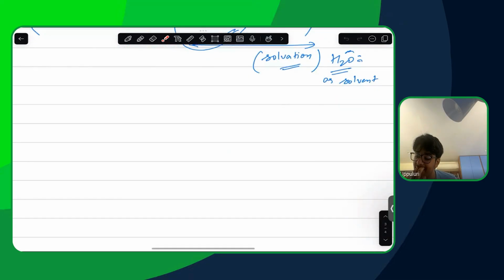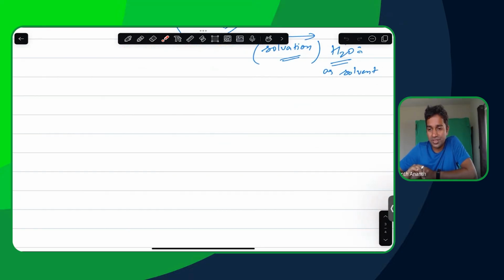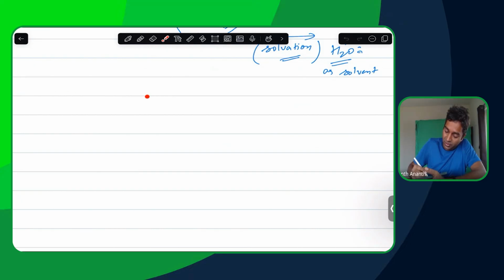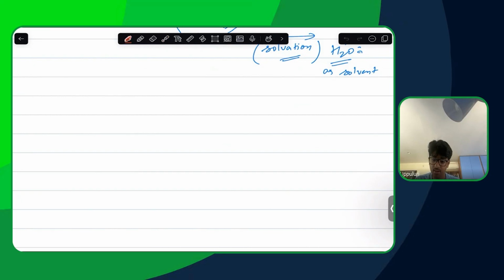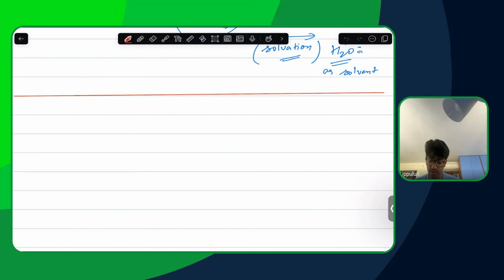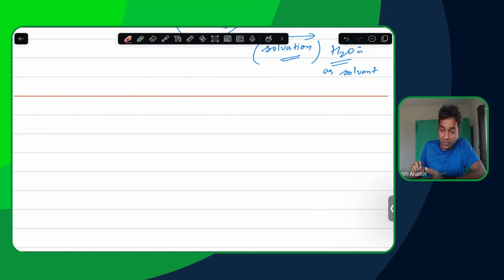Which one was given as more nucleophilic or more basic? Sir, CH3COO minus, acetate ion, is given as the better nucleophile. Okay, and which has been given as more basic?